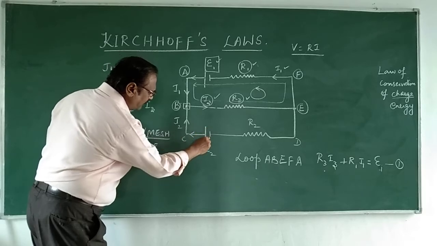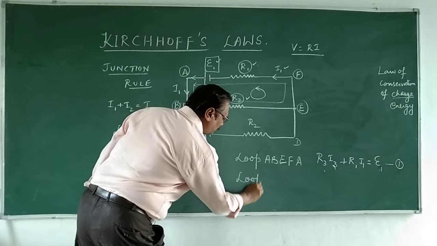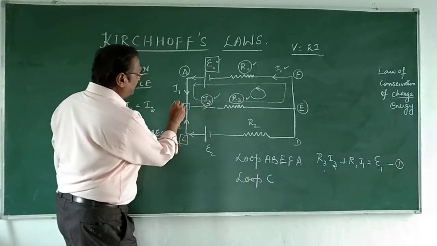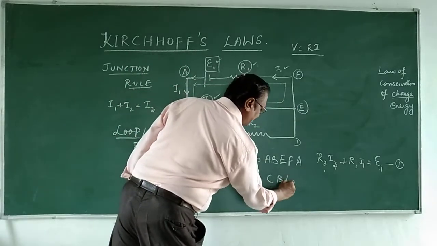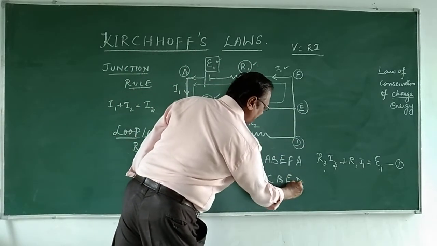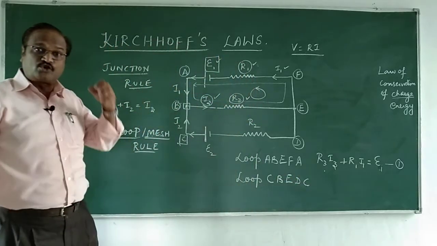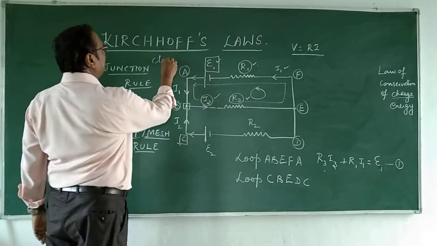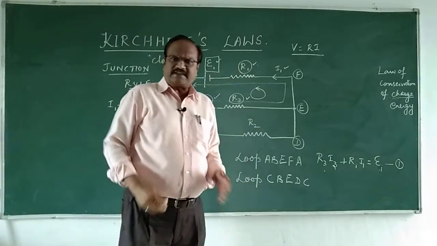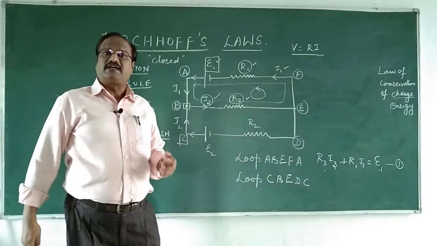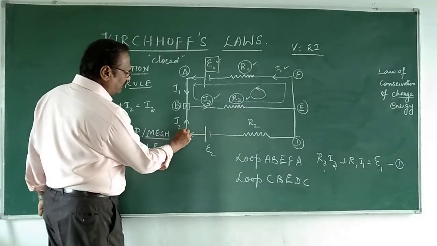Epsilon 2 positive terminal, this is C. So I am going to take a loop C, B, and then I go straight to E, then I come to D and back to C. That is a closed loop. We have to consider a closed loop. According to this closed loop, let us again find the changes in potential. Fine. I start from positive. I come through this I2, where nothing is there.